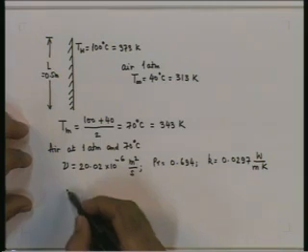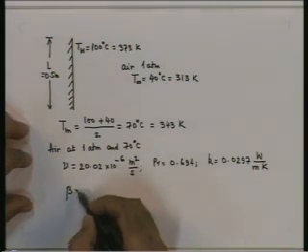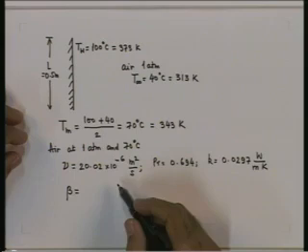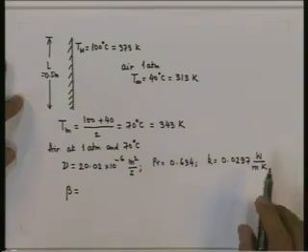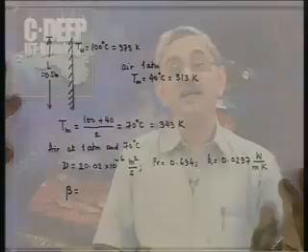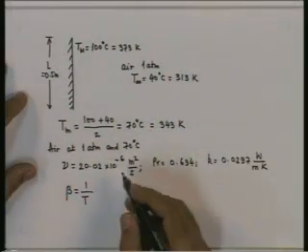We also need to determine beta required for computing the Grashof number or the Rayleigh number. If we assume air to behave like an ideal gas, which is a very good assumption at 1 atmosphere and 70 degrees C, beta turns out to be equal to 1 over T, the temperature at which beta is to be determined.